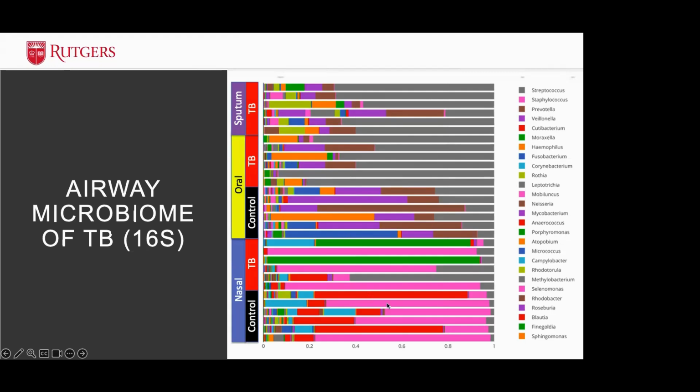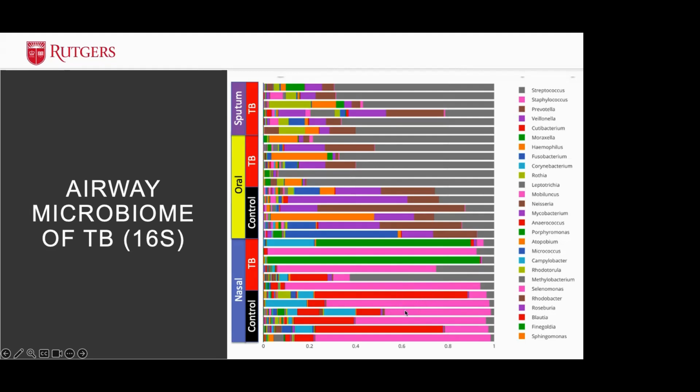Similarly for the nasal microbiome, there's high variability here. Maybe there's not a lot of consistency, but you're seeing a lot more strep and overall a lot less staph. It looks like the nasal microbiome is mostly staph, and this is Cutibacterium in the red.